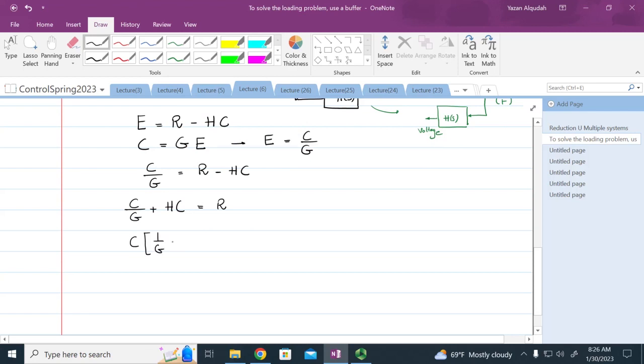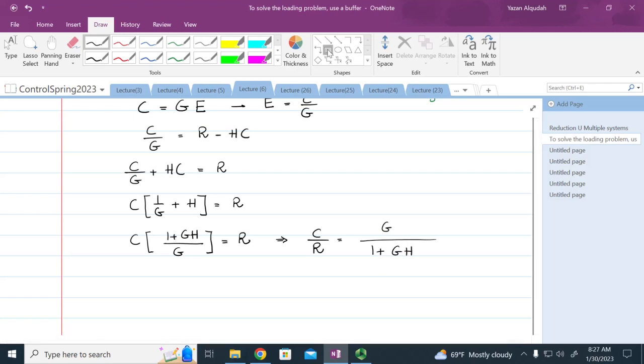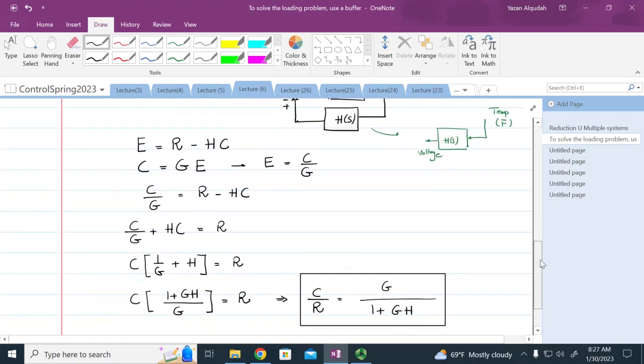I'm going to get C times 1 over G plus H equal to R. I can write this as C times (1 plus G multiplied by H) over G equal to R. And therefore, I can divide C by R, and this is going to equal G divided by 1 plus G multiplied by H. So this is the equivalent of this feedback form.